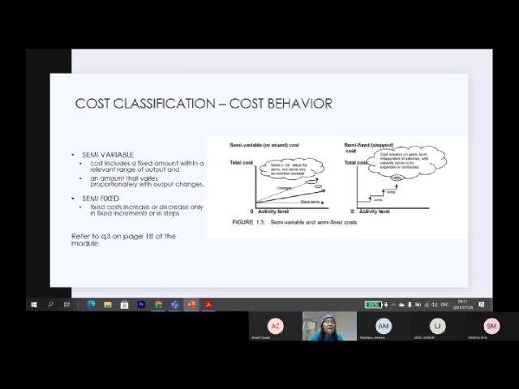What is the semi-variable one? It's a cost that includes a fixed amount within a relevant range of output and an amount that varies proportionally with the output. That's too wordy, so let's think about an example. Semi-variable could be a phone contract. I think that one is always easy to refer to.